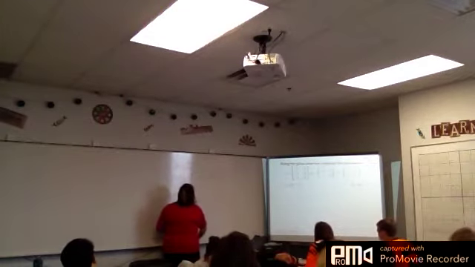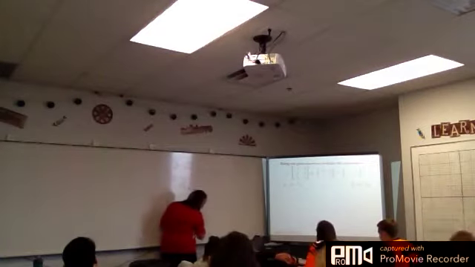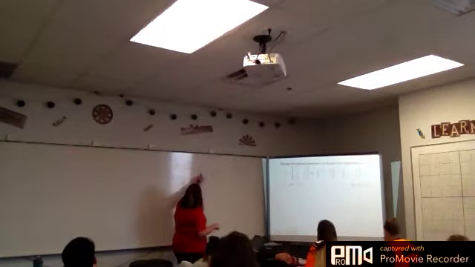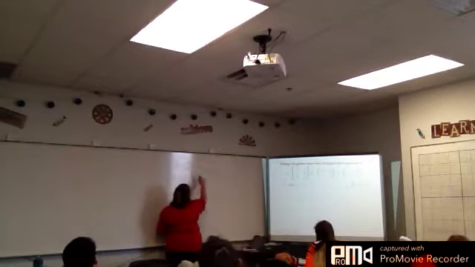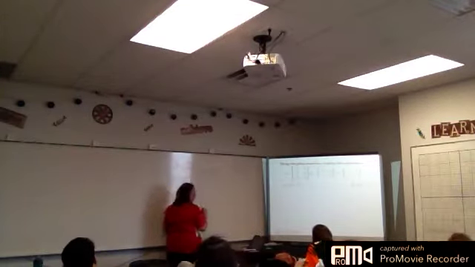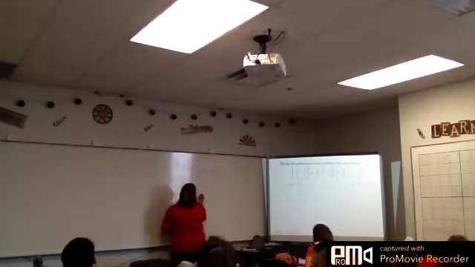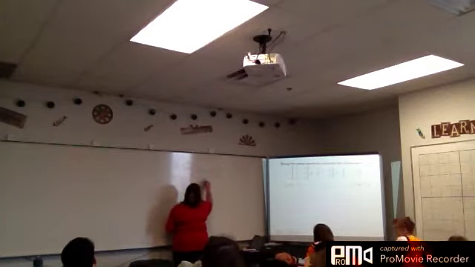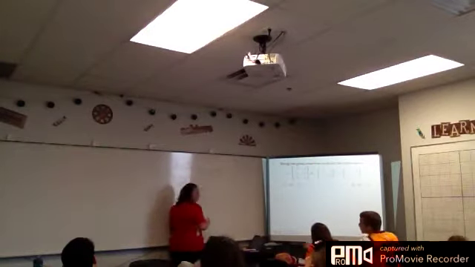Negative 3 plus 1 is negative 2. 0 and 4 is 4. 1 and negative 3 is negative 2. And negative 2 and negative 1 is negative 3. Now we can multiply these together.